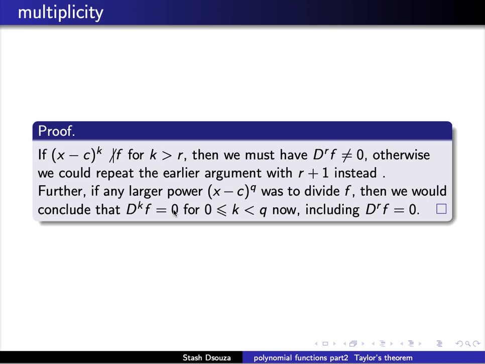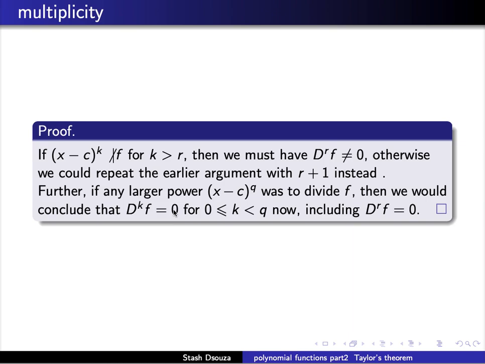Now, if any larger power of x minus c to the power q was to divide f, then we would conclude that the kth derivative of f vanishes for k less than q, and that now includes the index r, and so we would have that the rth derivative of f equals 0. So it must actually be the case that the rth derivative of f is strictly non-zero.